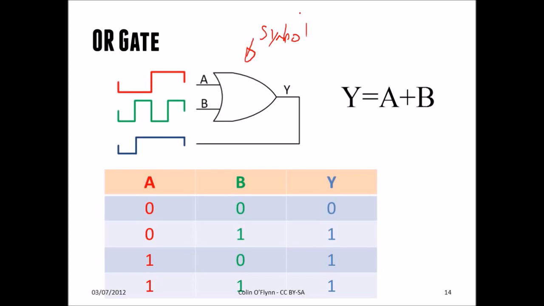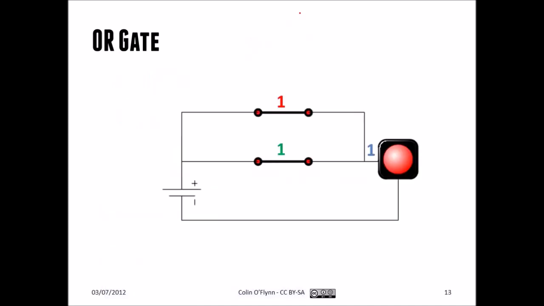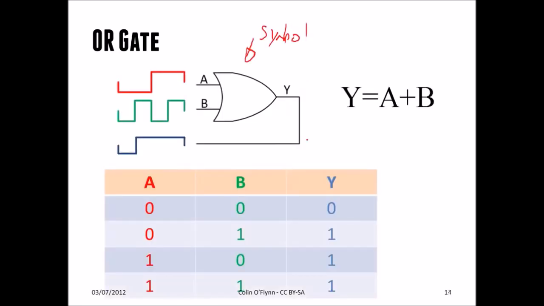So we have 2 inputs to it, A and B, and again, this is what we were showing here. I'd call this one A and this one B. 2 inputs and 1 output. So in time, we have 0, 0, and 0. And this is shown on the waveform at this point. So we have 0, 0, and the output is 0. So that's here.